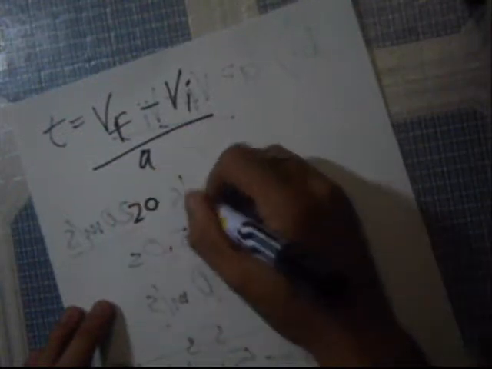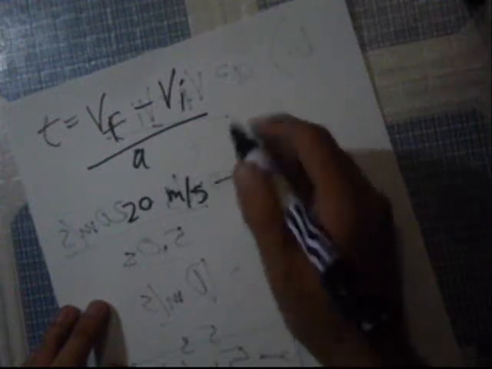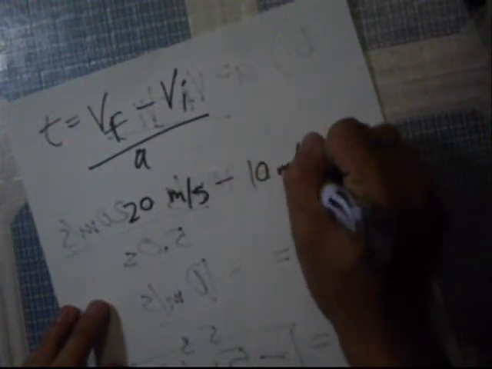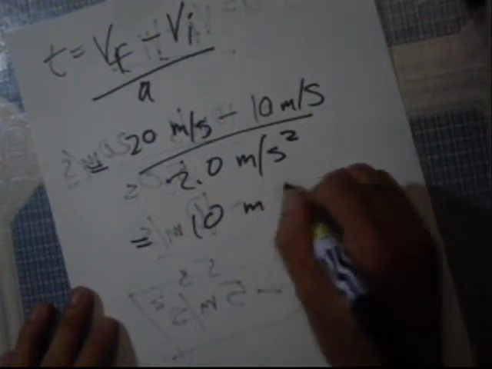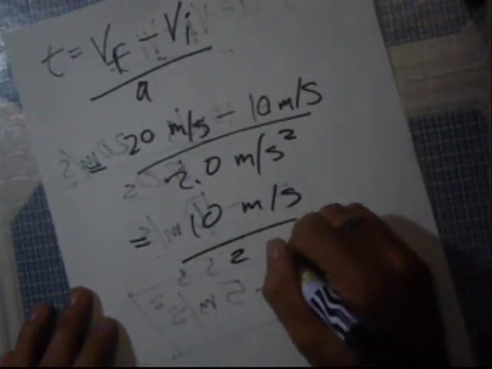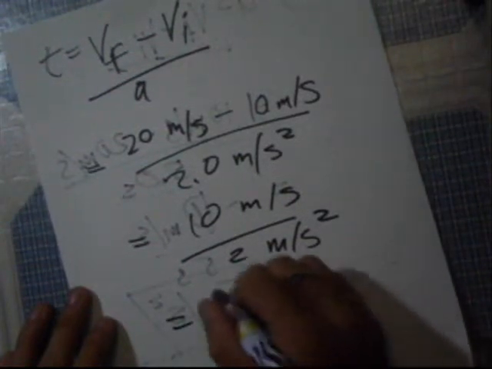We're asked to find the time needed for the car to reach 20 meters per second from a starting point of 10 meters per second. So 20 meters per second is our final velocity minus 10 meters per second, so 10 divided by 2 is equal to 5 seconds.